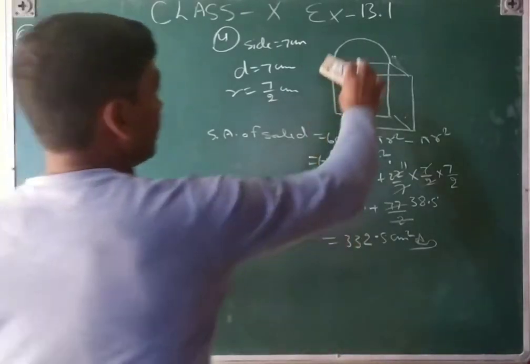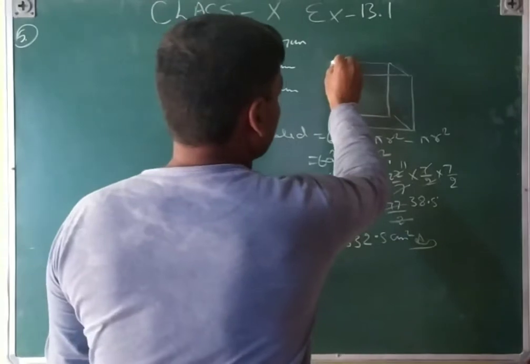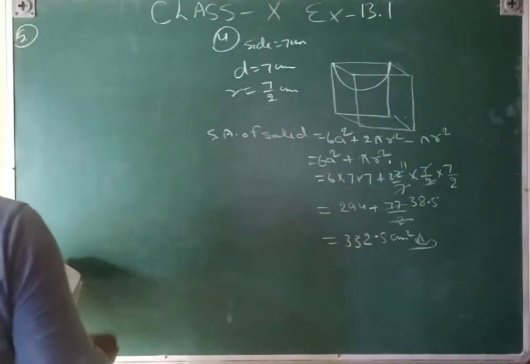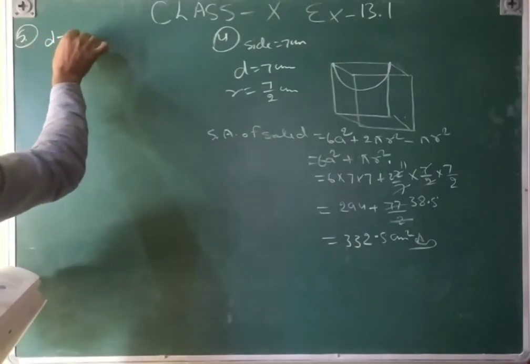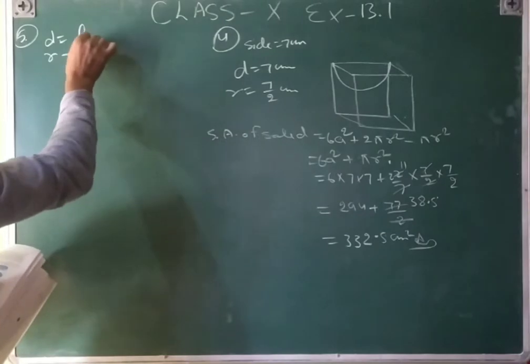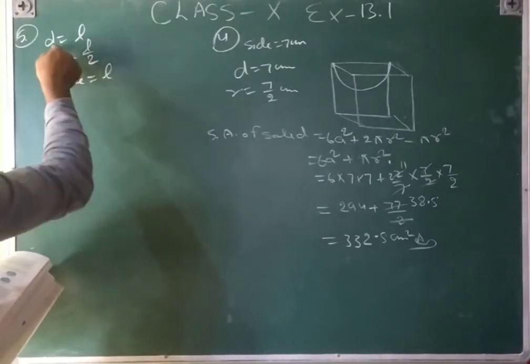So here we will see the same diagram, that is a cut inside the cube. So diameter is equal to L, so R is equal to L upon 2, and the side will also be L because it is the longest diameter.